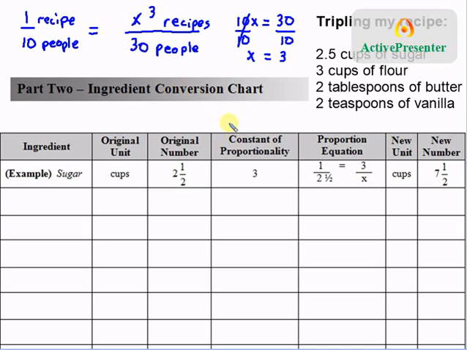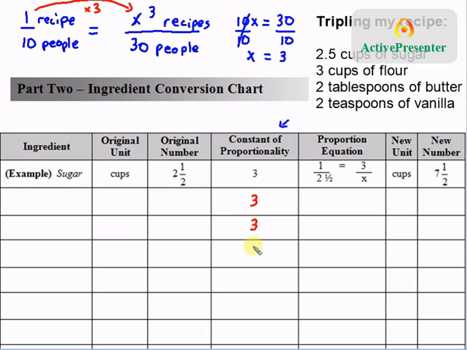Now, you'll notice that we have down here something called the constant of proportionality. I'm not sure if you'll remember this from when we talked about it in class, but in this particular instance, it's what we're going to multiply every unit, every serving in our original recipe by. For one recipe, we found that we needed to multiply by 3. 1 times 3 is 3. So we're going to multiply every measurement in our recipe by 3, and that's our constant of proportionality.